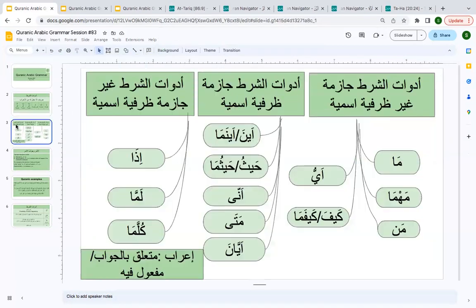So then comes the advatu shart that are ism. Okay, so there are many that are ism, and we all need to memorize them, whatever the way or form, or whatever helps you. The only way that you are going to be able to identify advatu shart is if you know what they are.